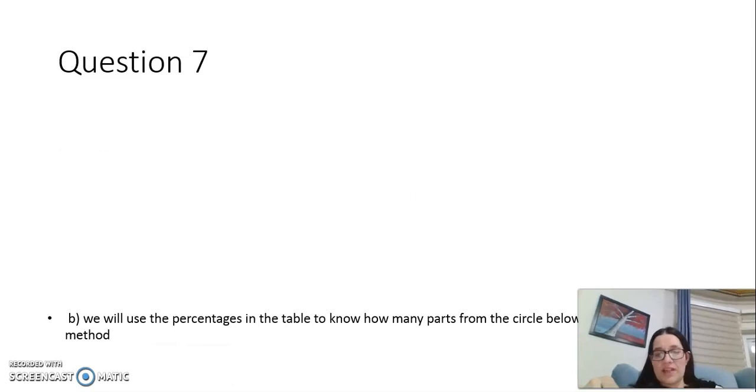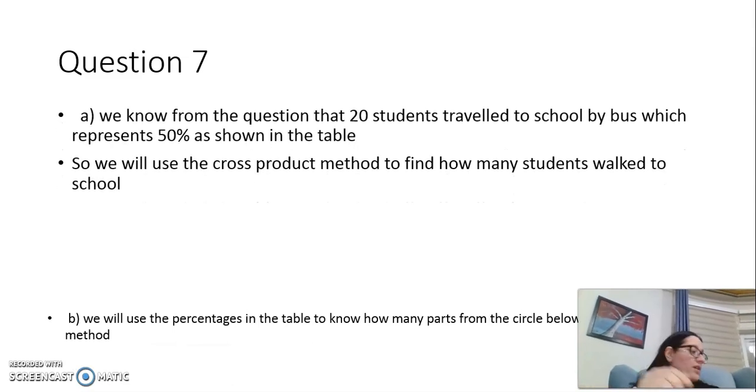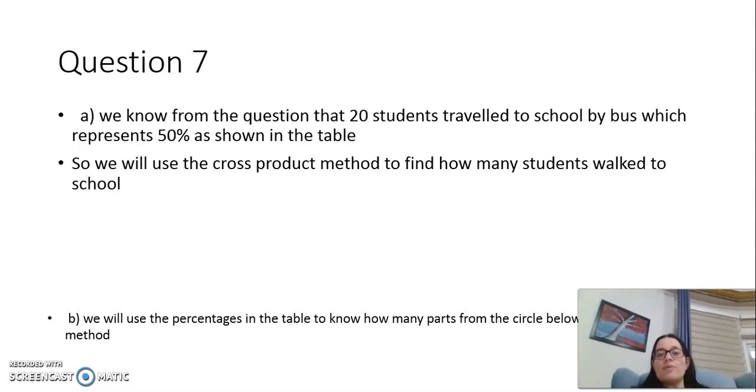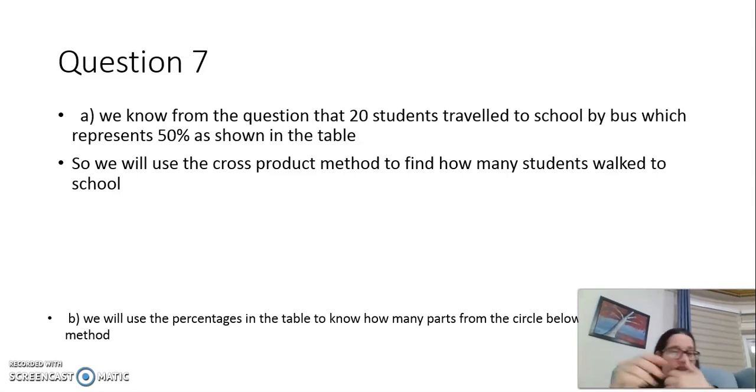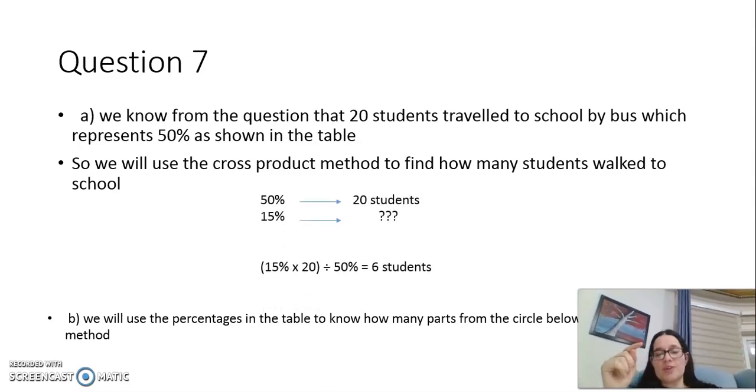For question number 7, we are going to use percentages in order to find missing information. We know from the question that 20 students travel to school by bus, which represents 50% of the students. So we will use the cross product method to find how many students walk to school. 50% represents 20 students.